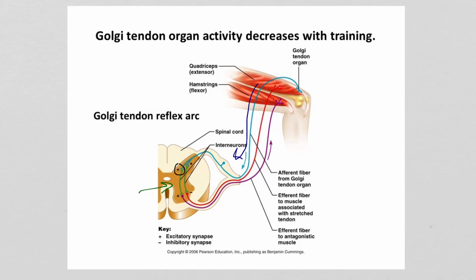These are both plus, meaning they are stimulatory or excitatory synapses, so we will activate action potentials within the interneurons. The interneurons then synapse with the alpha motor neurons, and normally there's a plus and a minus, so we'll have a negative or inhibitory synapse with the red motor neuron, the one going back to the quadriceps.